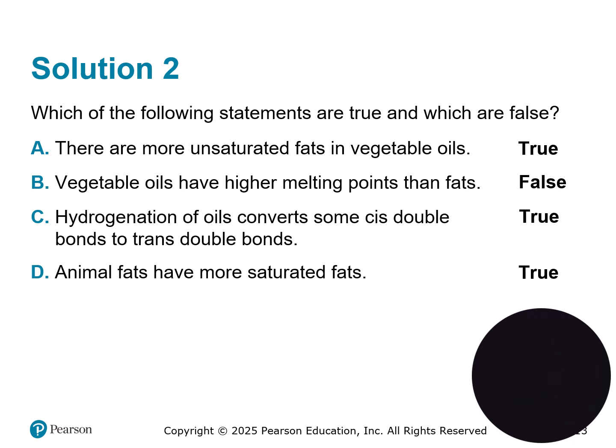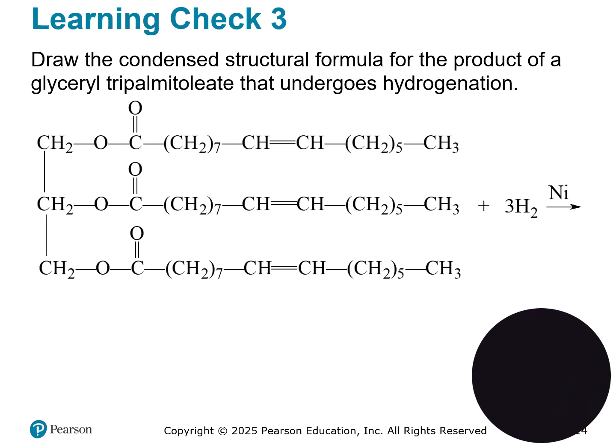So let's move on. Here we saw this already, so we should not be shocked. We are going to use nickel. We're going to hydrogenate this by pumping in some gas with nickel on the bottom of the vessel, and we see double bonds here, and we can count this up.